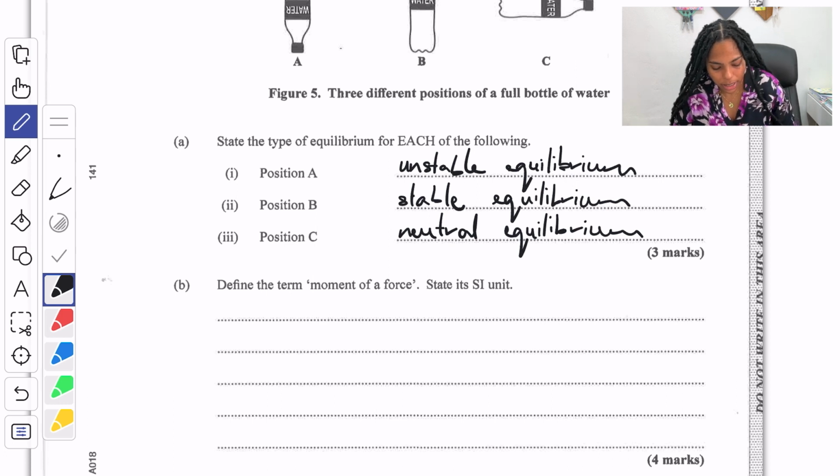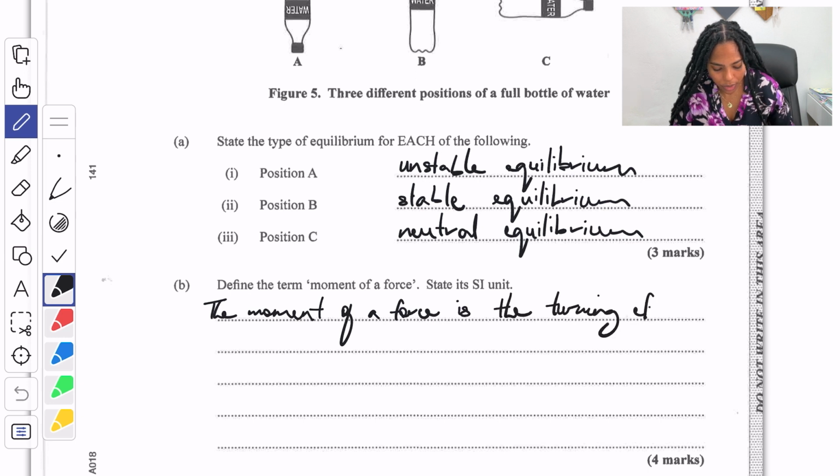So the moment of a force is the turning effect of a force.